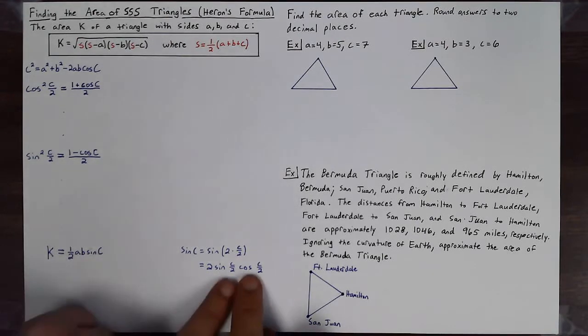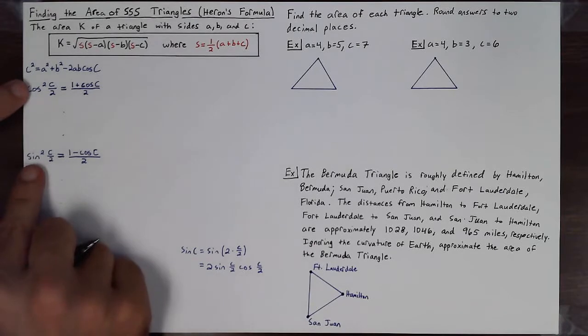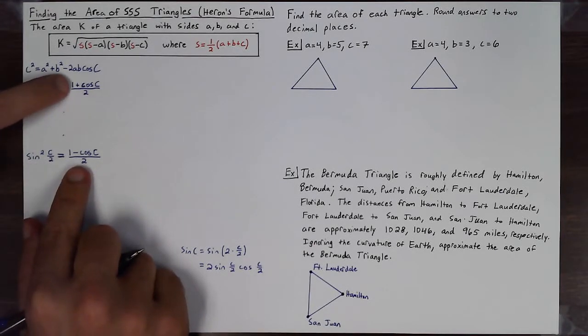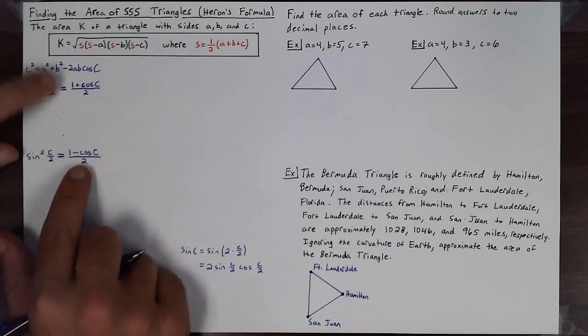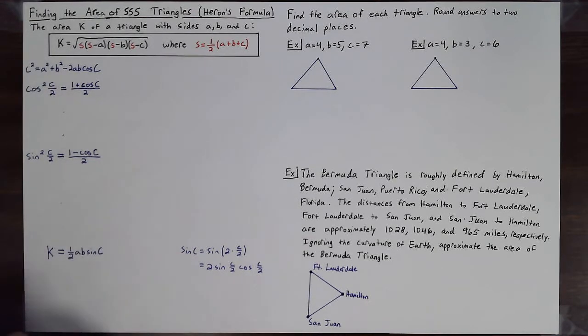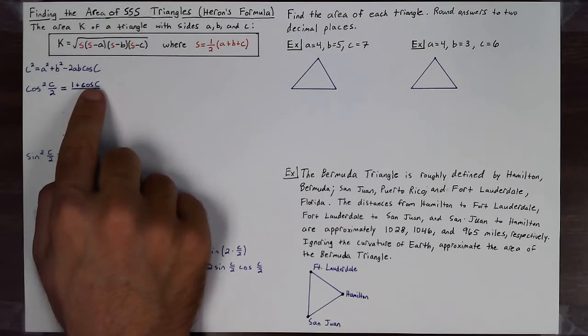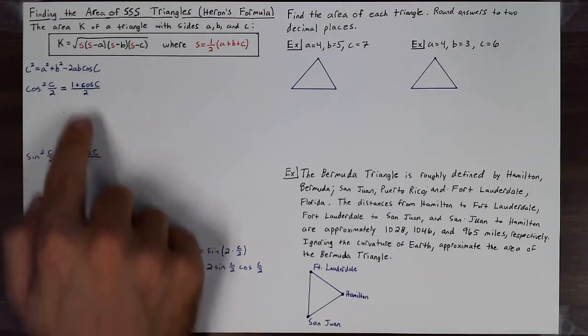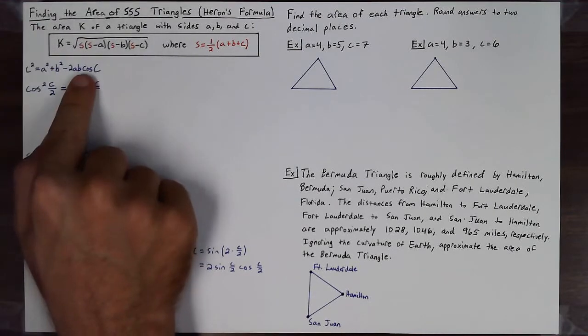Where I would find these are actually from the power reducing formulas, cosine squared and sine squared, which are 1 plus or minus cosine of C over 2, as I've labeled here. And their formulas just talk about cosine of C, which comes from the law of cosines formula.